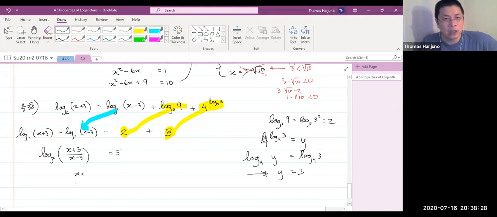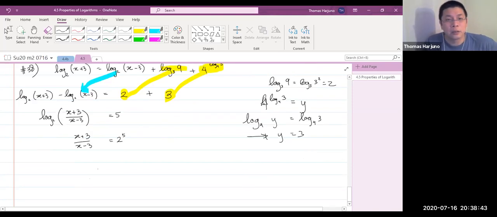Then I will change it into exponential form.